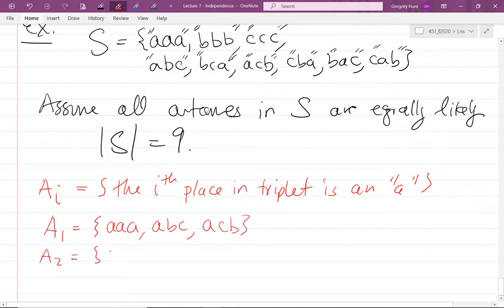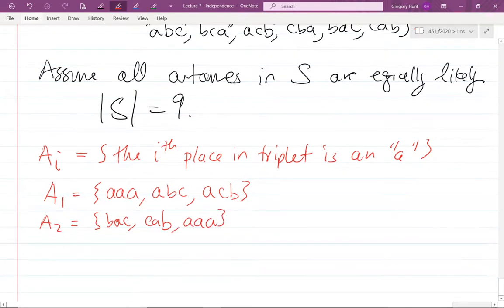A2 is all things where the second thing is an A, which is, let's see, BAC, CAB, and again AAA, of course, has A in the second place also.